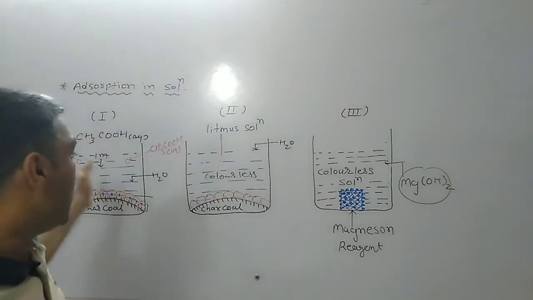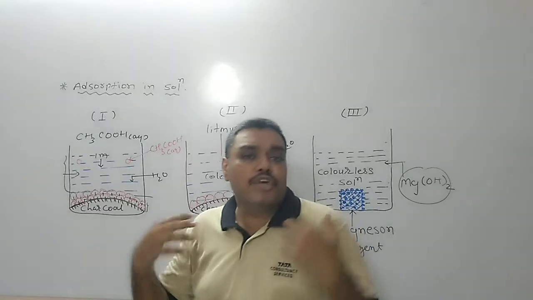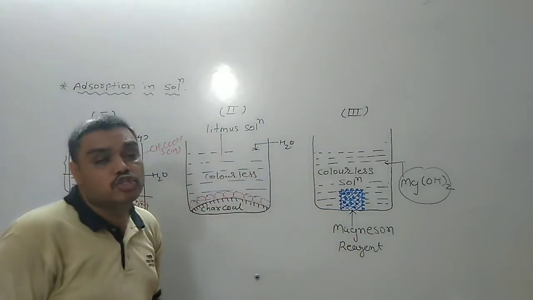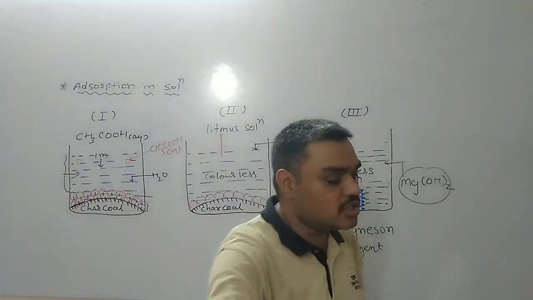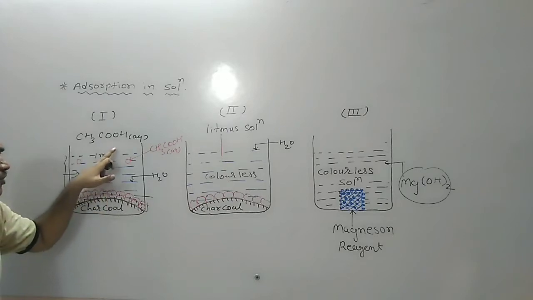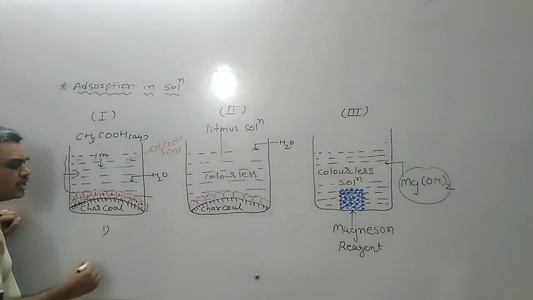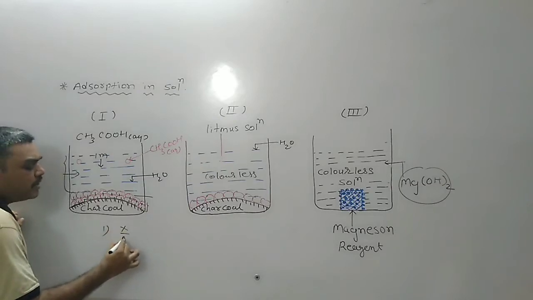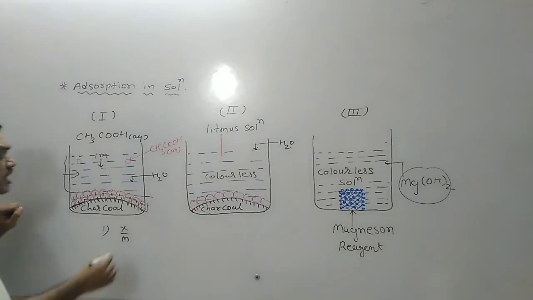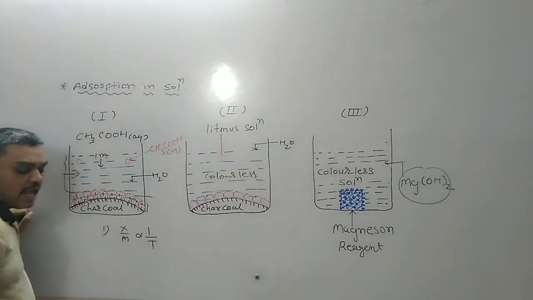So with these three experiments, we can conclude which factors are affecting this type of adsorption in solution. First, the temperature. We will perform this experiment at different temperatures. We will find that x by m, the adsorption according to the Freundlich equation, is inversely proportional to temperature.